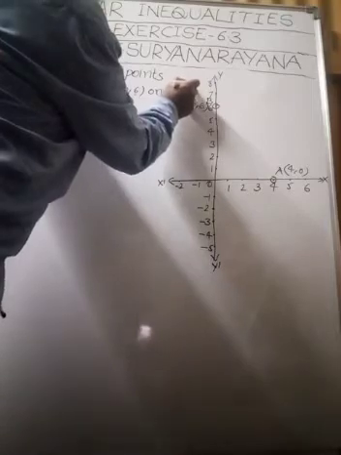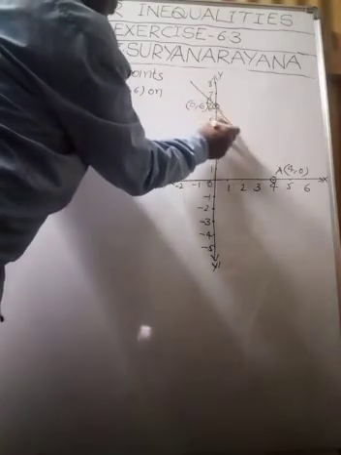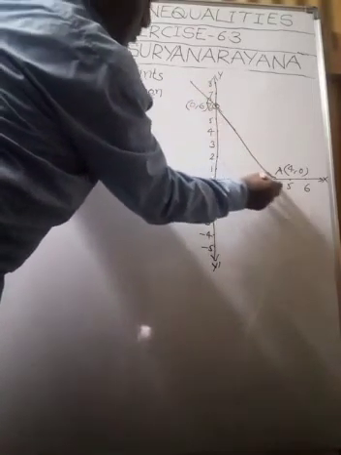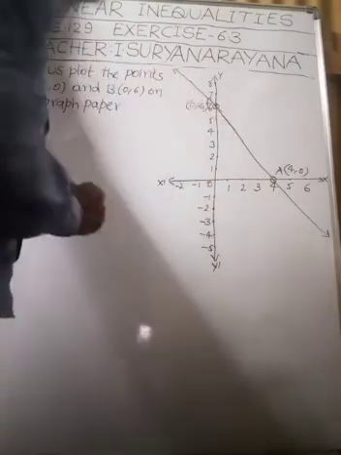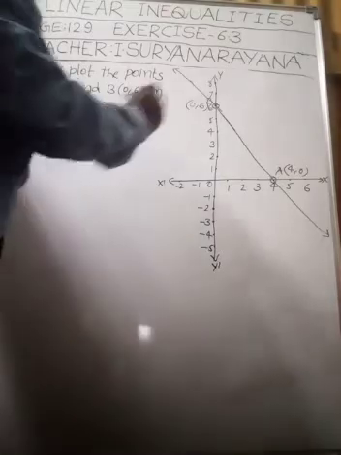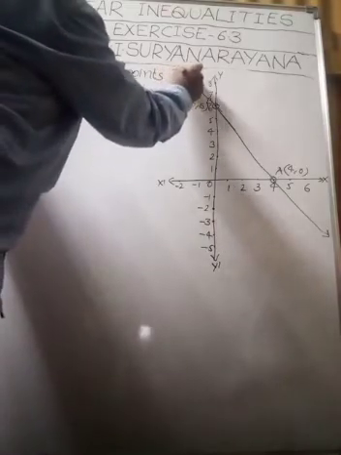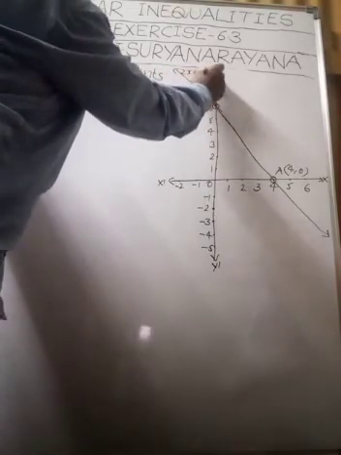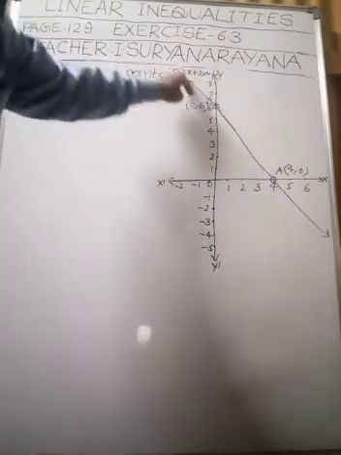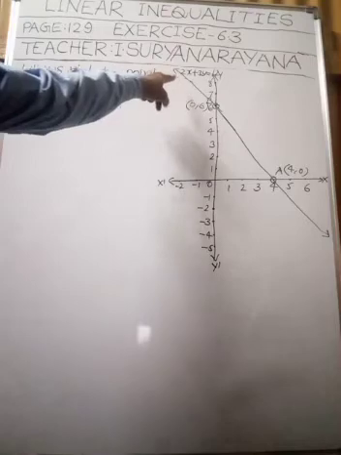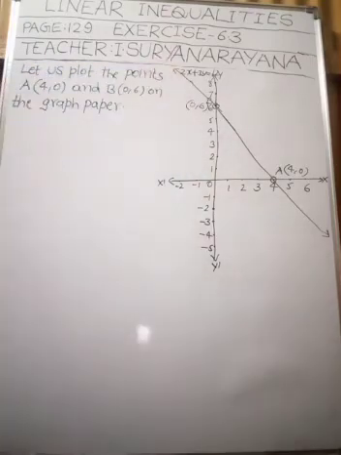Draw the thick line. This line denotes 2x plus 3y is equal to 12. This is the equation of the line. 2x plus 3y is equal to 12.